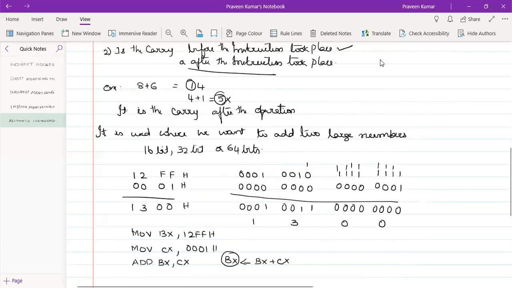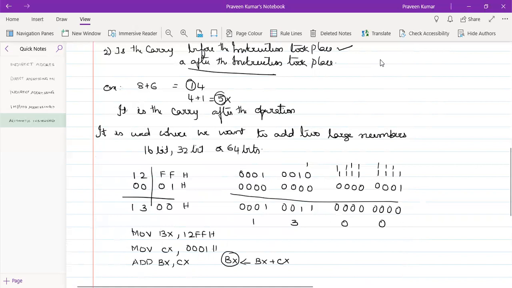Suppose you want to add it as two 8-bit numbers. If I want to add it as two 8-bit numbers, I have to partition this as two 8-bit numbers. The first thing is it will add FF plus 01. Then it will be adding 12 plus 00.